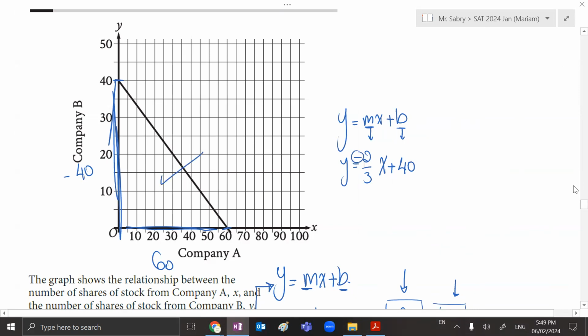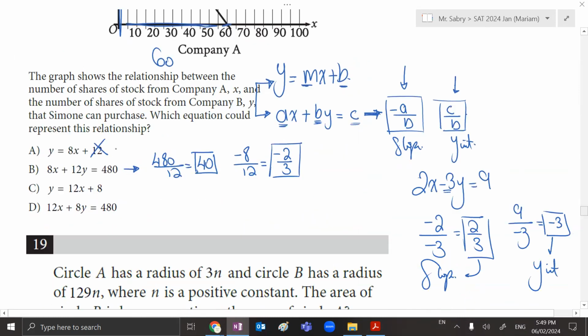So it is actually negative 2/3 the slope, and the y-intercept is 40. So B is actually the correct one. Understand? Yes. Okay.